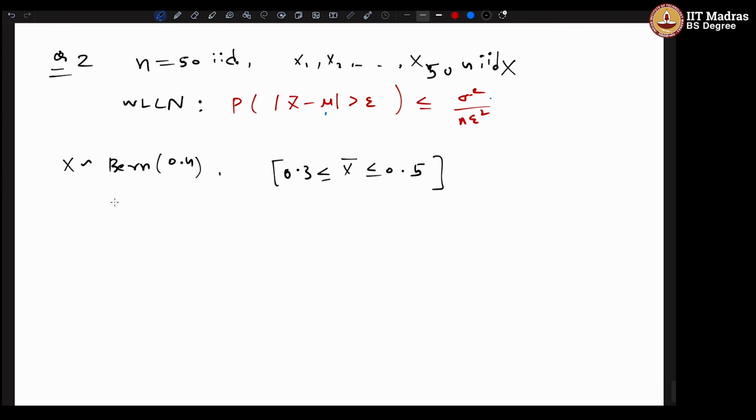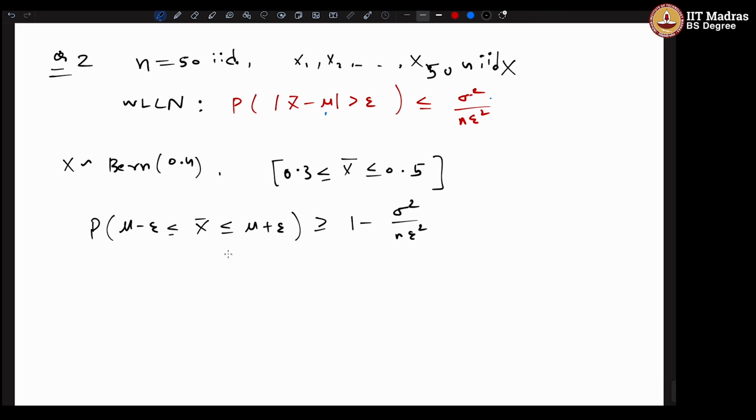Again we have our expression from the previous option, which I will write here directly: mu minus epsilon less or equal to x bar less or equal to mu plus epsilon, with probability greater or equal to 1 minus sigma square by n epsilon square.